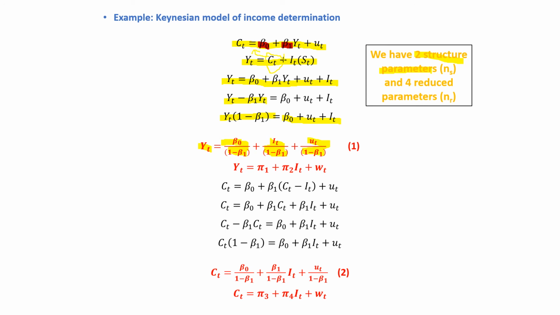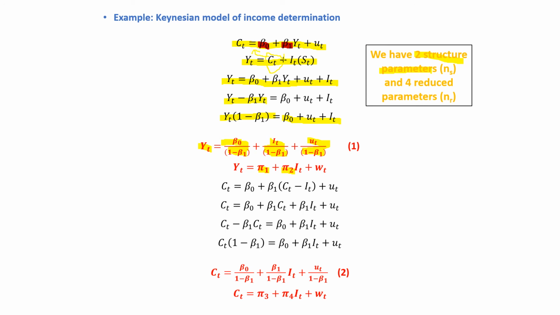And beta naught over 1 minus beta 1 is simply a constant, so we can call it pi 1. And 1 over 1 minus beta 1 again is a constant function in the parameter, so we can call it pi 2.